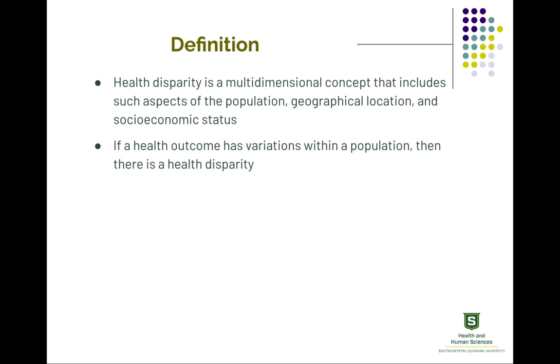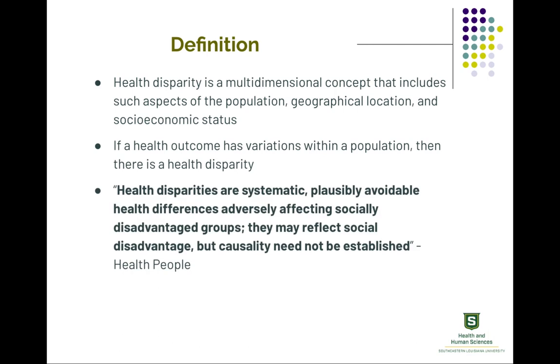However, just because we say variation doesn't mean, for instance, I'm trying to find a way to define it. Okay, let me go to the next bullet point. This is from Healthy People 2020, which says health disparities are systemic, plausibly avoidable health differences adversely affecting socially disadvantaged groups.